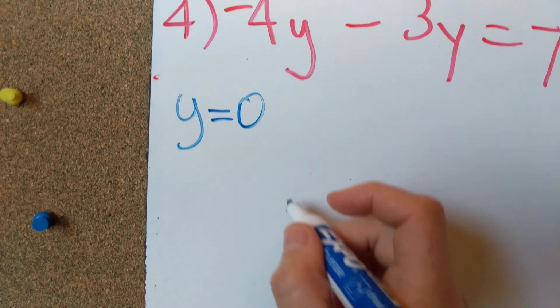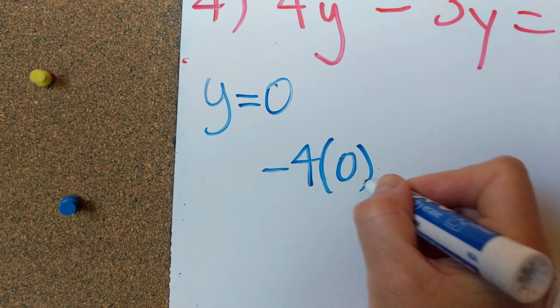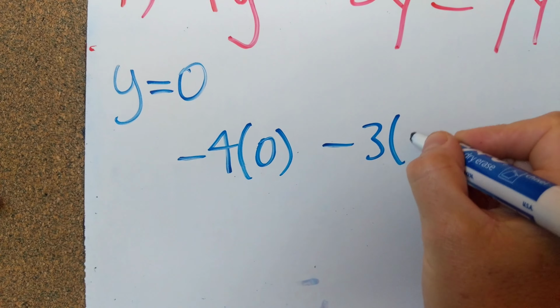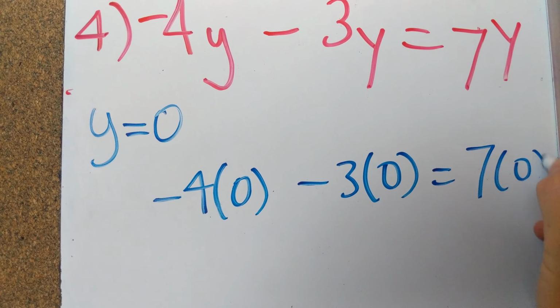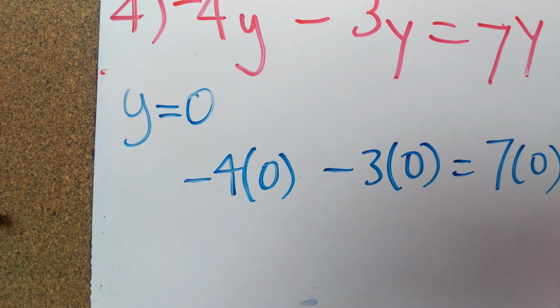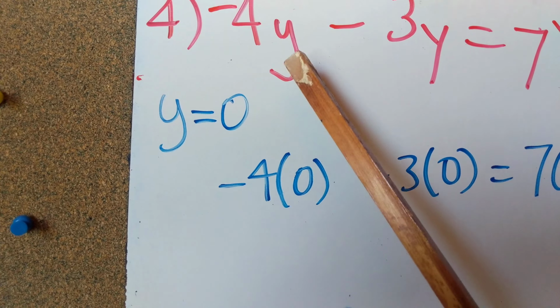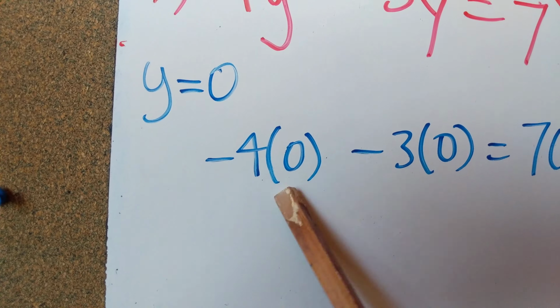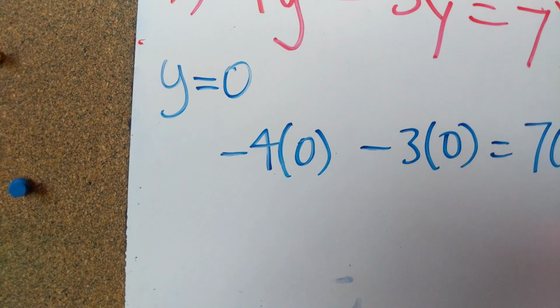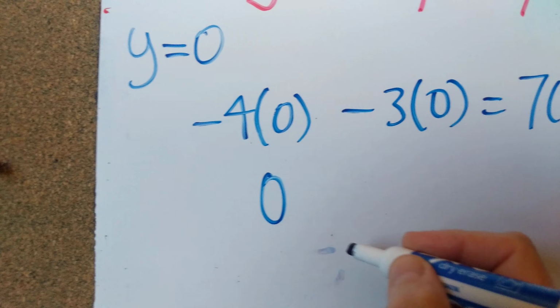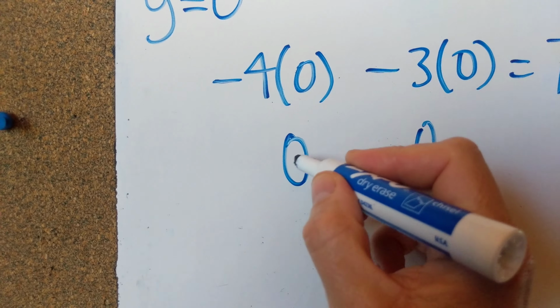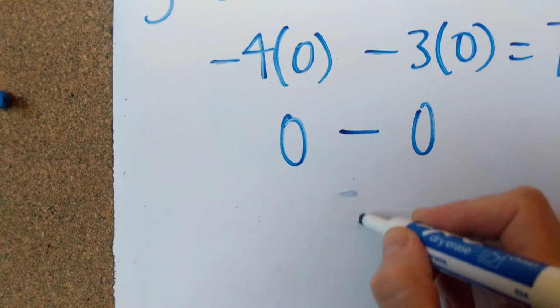Negative 4 times 0 minus 3 times 0 equals 7 times 0. What did I do? I just replaced the y's with zeros. Negative 4 times 0 is 0. Negative 3 times 0 is also 0. So 0 take away 0 is 0.